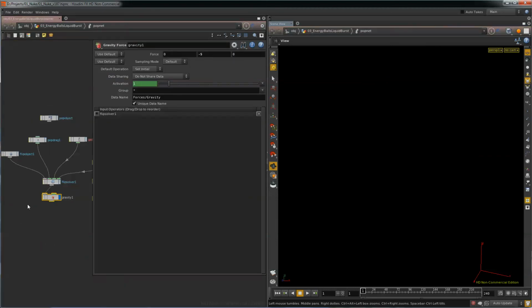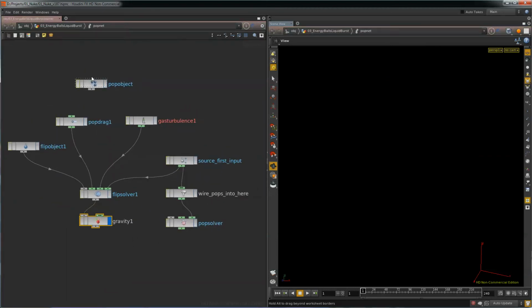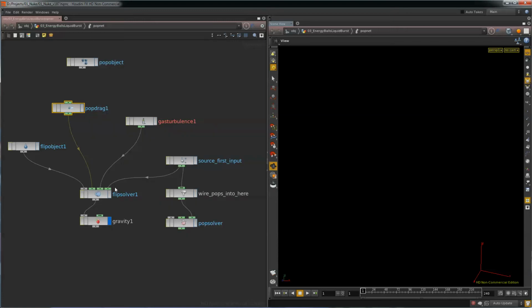In this one it's actually a flip solve, with a gas turbulence and a pop drag, where you can put pop forces. This air resistance was pretty instrumental in getting it to look right. So I did a lot of testing with the pop solver.